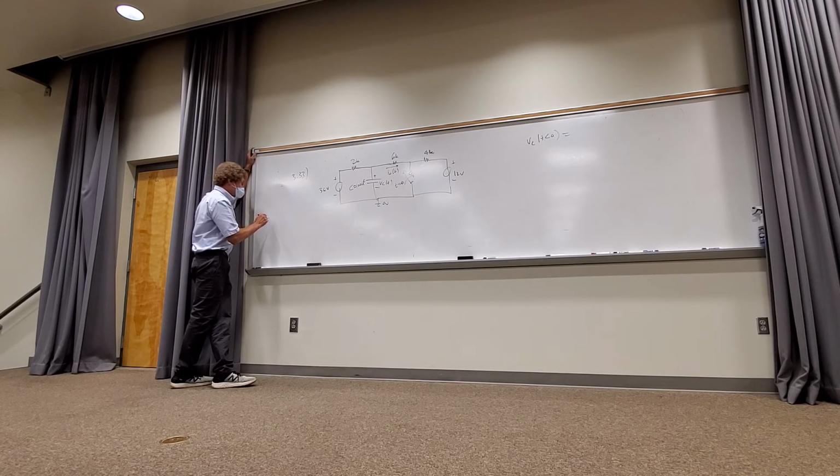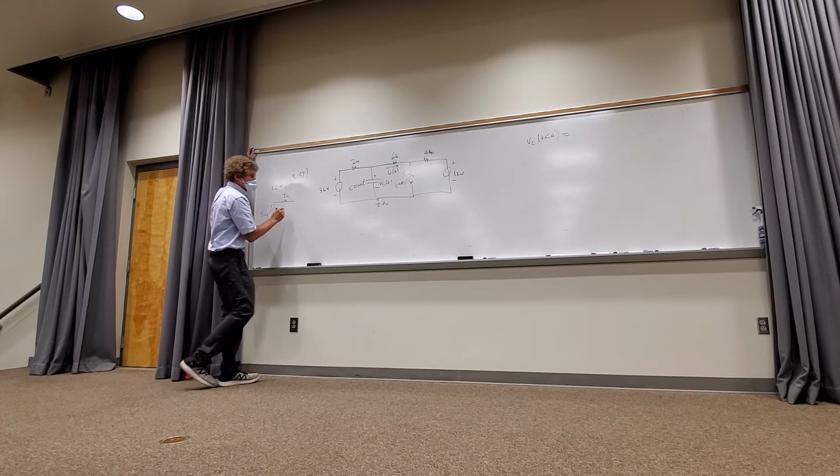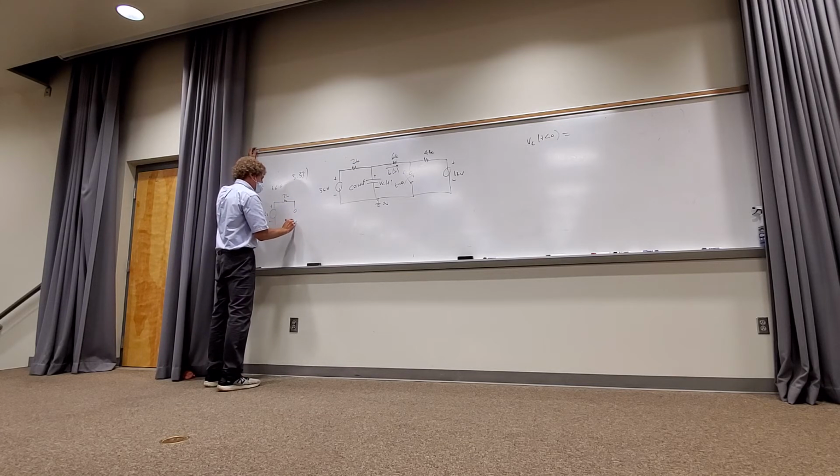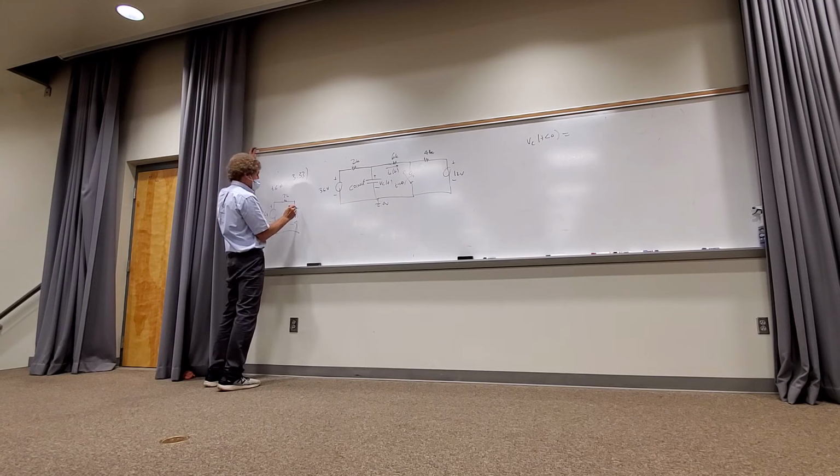So here we have 36 volts. This is going to be for t less than or equal to 0. Then you got 2K here, right? Then here's the capacitor, and I on purpose make it an open circuit. Here's 6K.